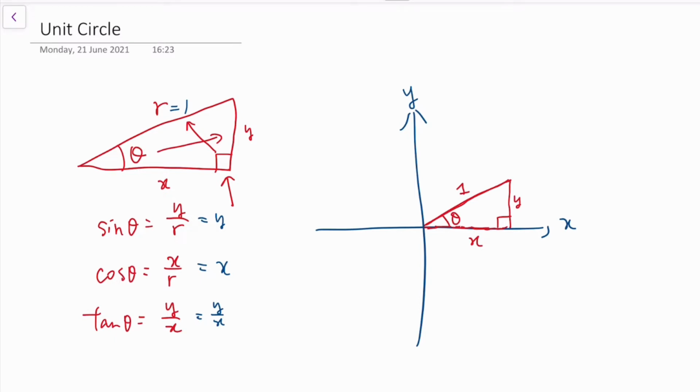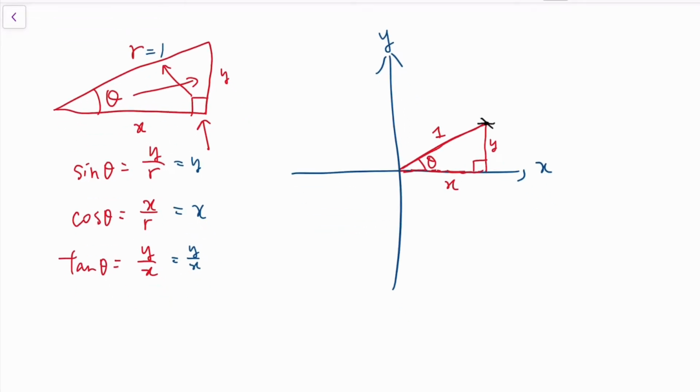Then we focus on the coordinate of this vertex point of the triangle. The question is, what would be the x and y coordinates of this point? Well, the answer is straightforward. It's just x and y, because this has length x and this has length y. So the y coordinate has to be y and the x coordinate has to be x.